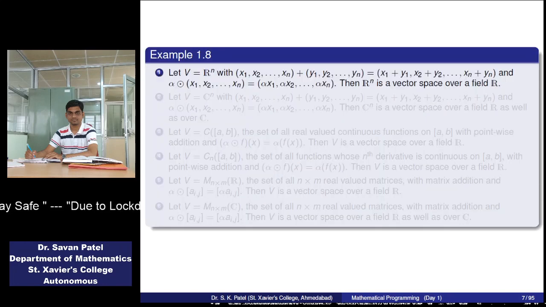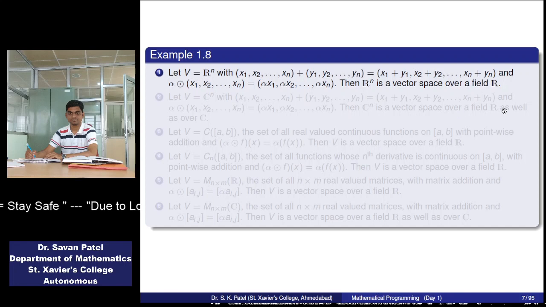Let's see a few examples. Let V be Rn with pointwise addition, and scalar multiplication of course multiplied to each and every term xi.